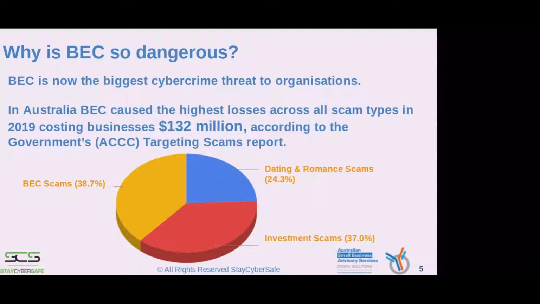Nearly 132 million Australian dollars were lost on business email compromise. And these are studies made by the Australian Competition and Consumer Commission, ACCC, and there's a specific scam report that was published. You can check the ACCC for more information, and it has very good information as well as statistics when it comes to BEC and all other types of scams.